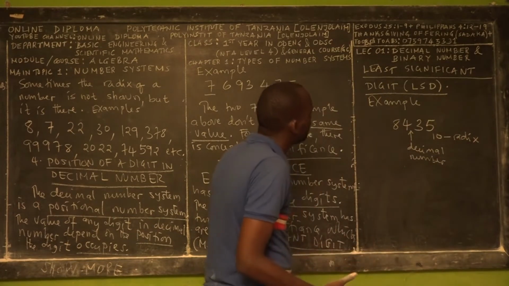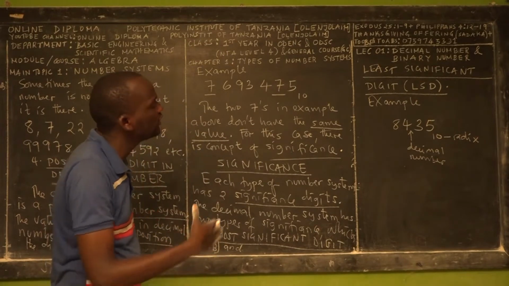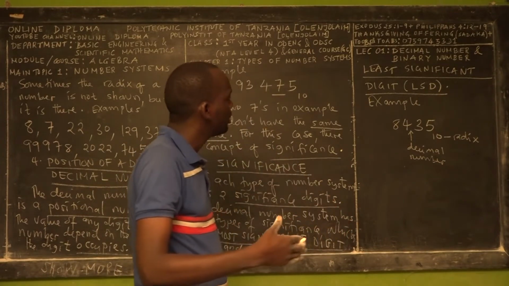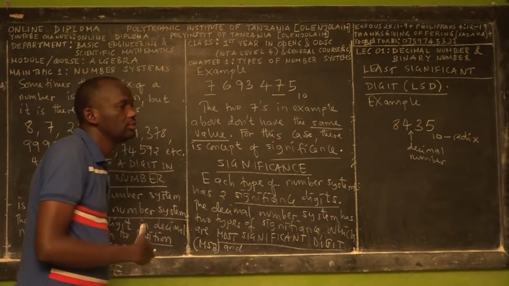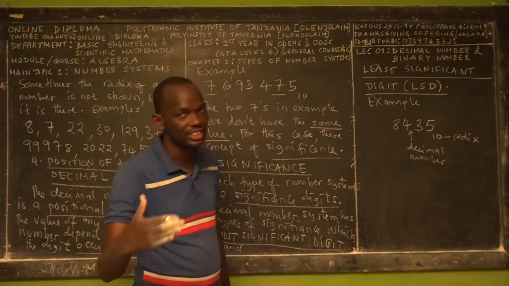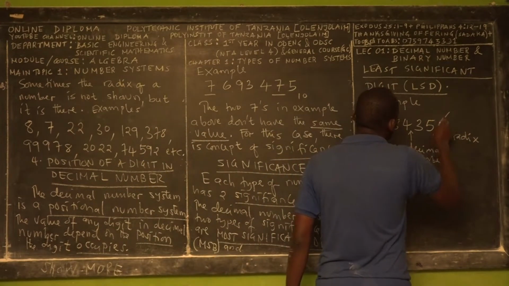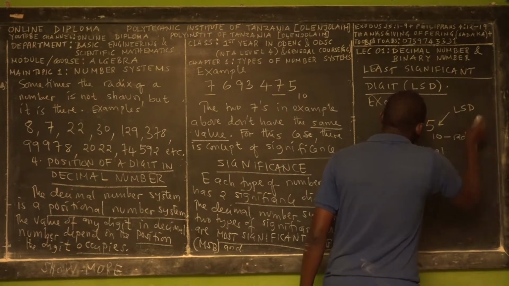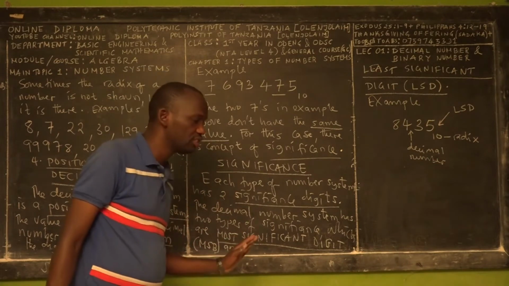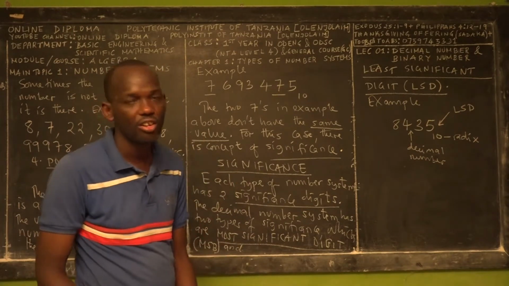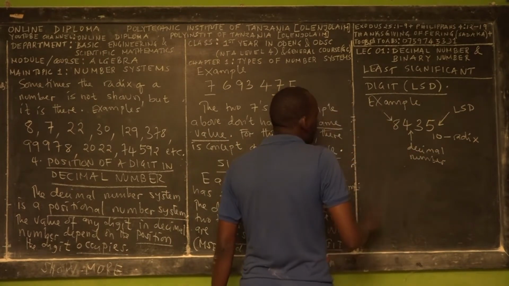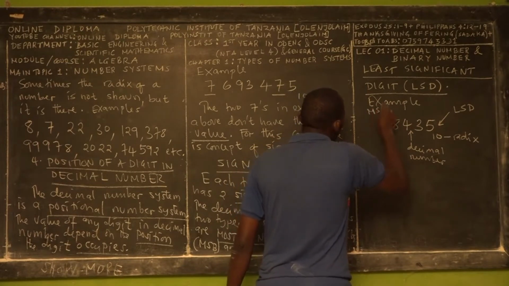Now the least significant digit is found on the most right side. It means the first digit on the right hand side of the decimal number is called the least significant digit. Then the most significant digit is the first digit from the left hand side of the decimal number. This is what we call in logical mathematics the most significant digit.